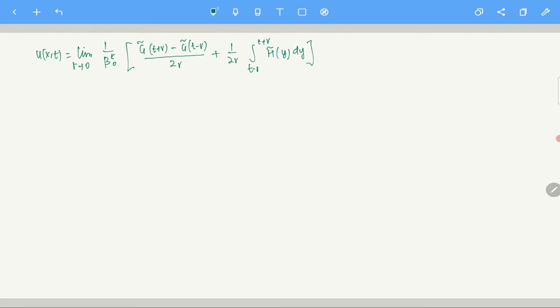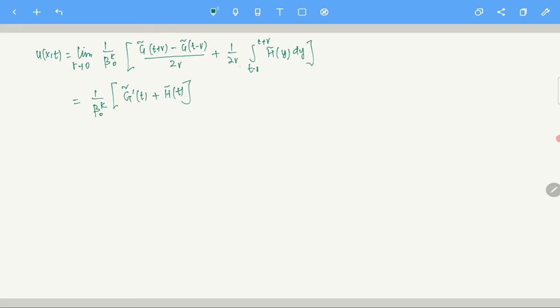Now this is equal to 1 by beta 0 k, and of course you take r tends to 0 of this. This becomes g prime of t, of course tilde is there, that's just the definition of the derivative, plus h tilde of t.